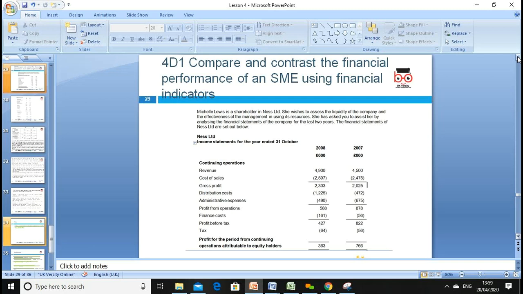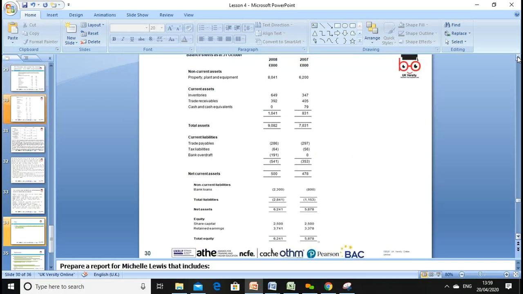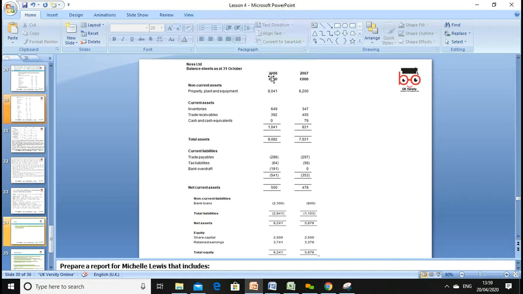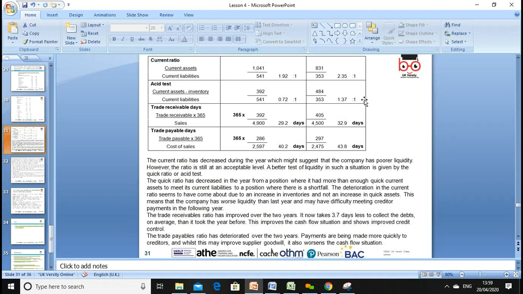So we can look around different elements. We have this question, where we are looking at Nestle Limited for 2 years. 2018 and 2017 is quite old, but it is still worthy for developing understanding. We can pick any year. We can look at the 2 years' statements of financial position, also known as the balance sheet.